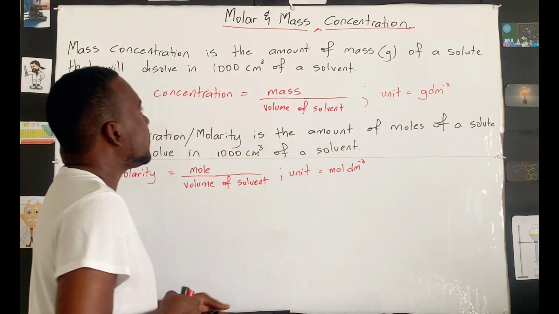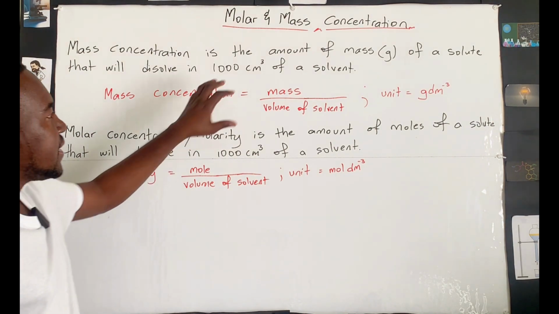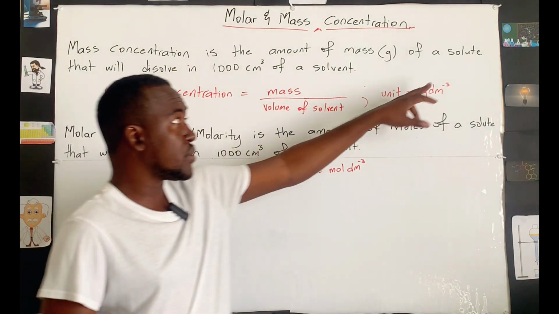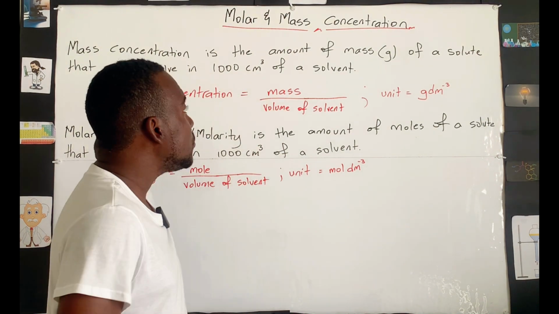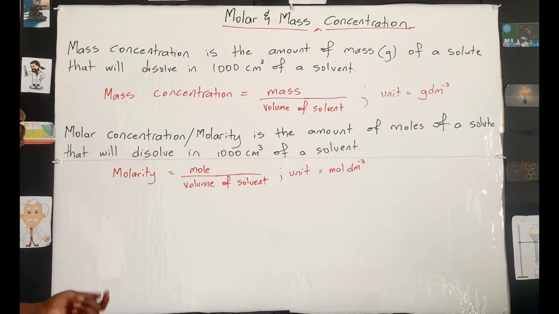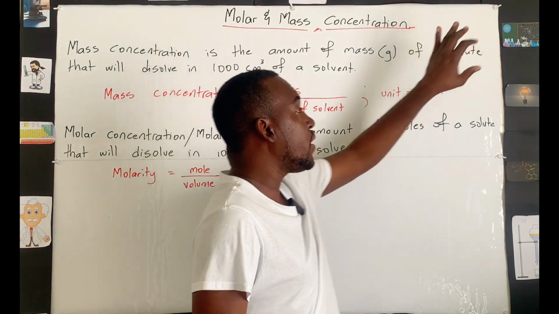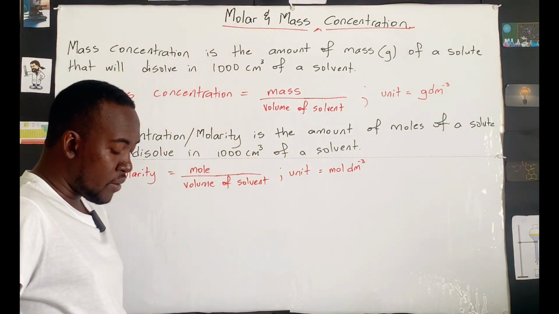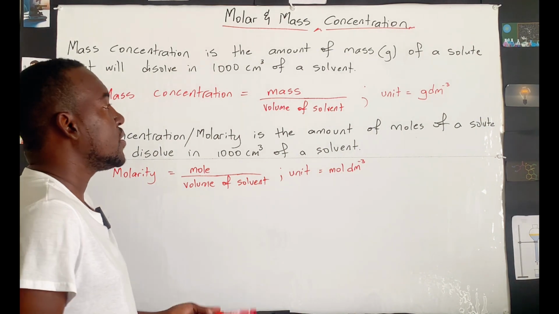If we use that same principle when we talk about mass concentration, what we mean is the mass of a solute, and the solute is the one that is dissolving. So in a solution, we look at the mass of how much of what is being dissolved can be dissolved in 1,000 cm cube of the solvent, and the solvent would be what is doing the dissolving.